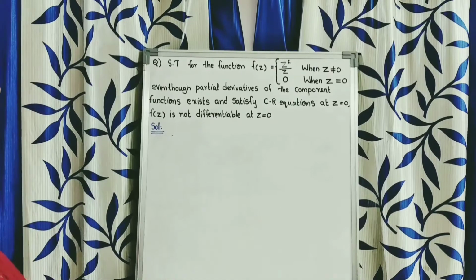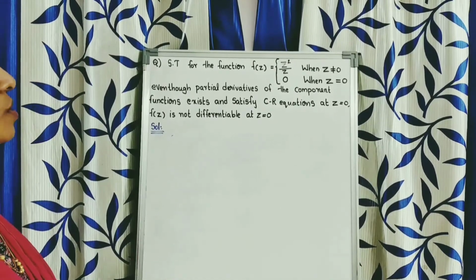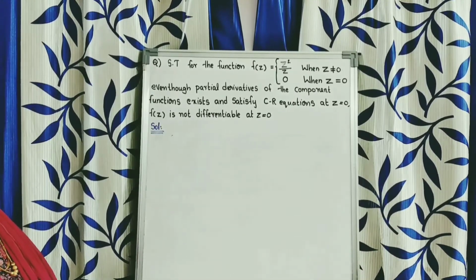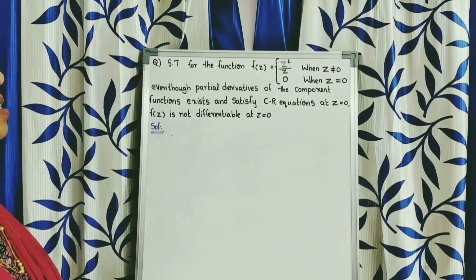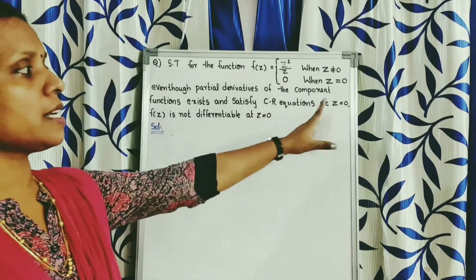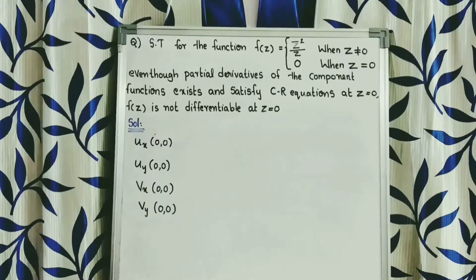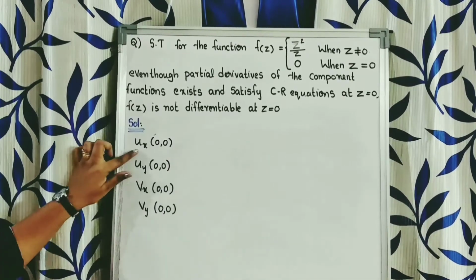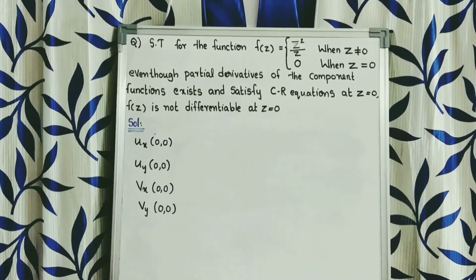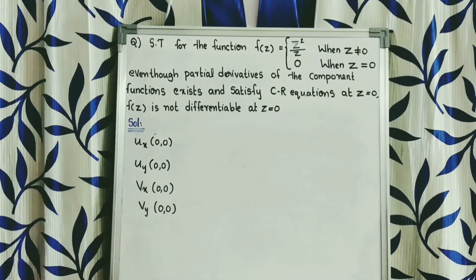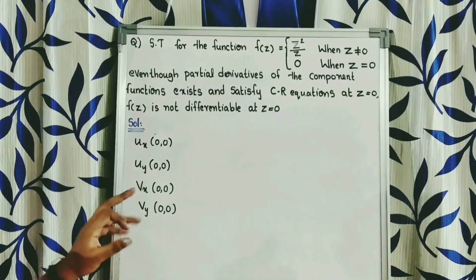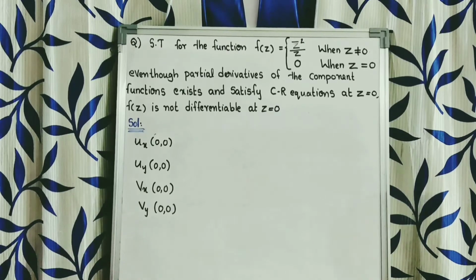First we have to show that the partial derivatives of the component functions exist and satisfy the CR equations at z equal to 0. For that, first we calculate u_x at the point (0,0), u_y at (0,0), v_x at (0,0) and v_y at (0,0).